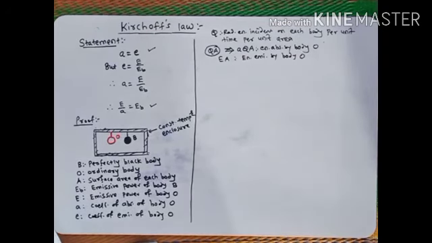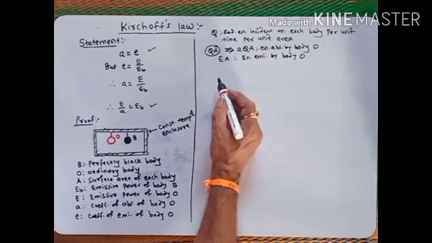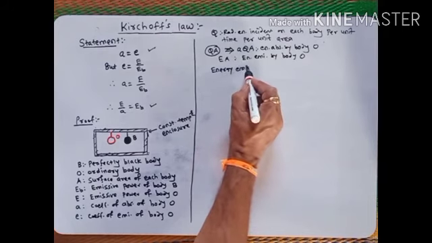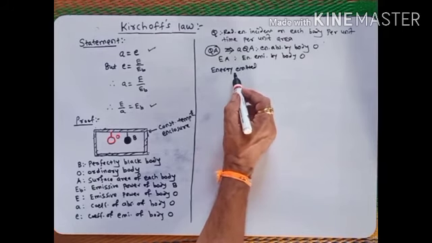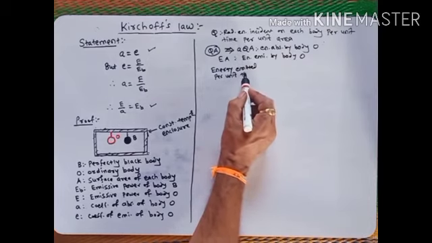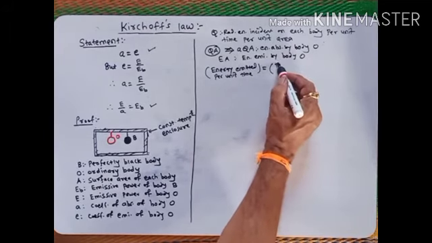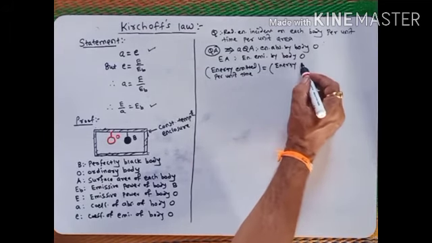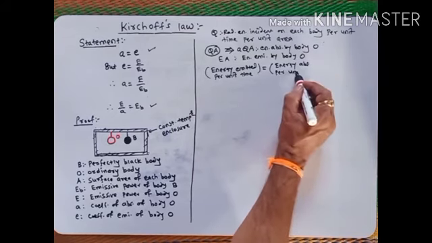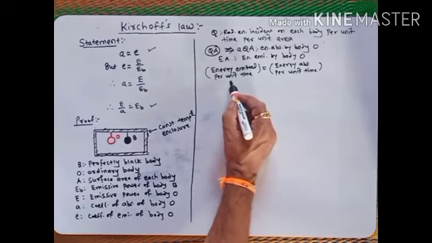Now the body attains a constant temperature, therefore at constant temperature, energy emitted per unit time is equal to energy absorbed per unit time.